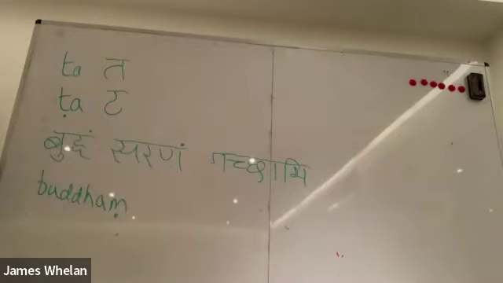So the use of the dot at the end of a word for the anuswara is common throughout Sanskrit, all of the languages of India that I know of, and equally Thai, Sinhala, and Burmese, I think as well. It's not an emphasis, it's the indication that there is a nasal sound at the end.